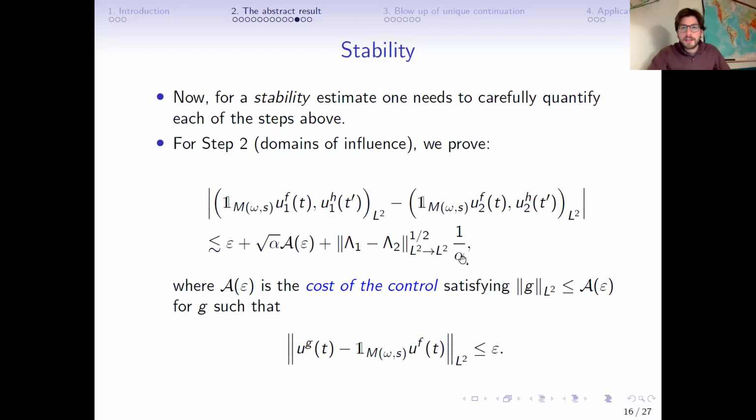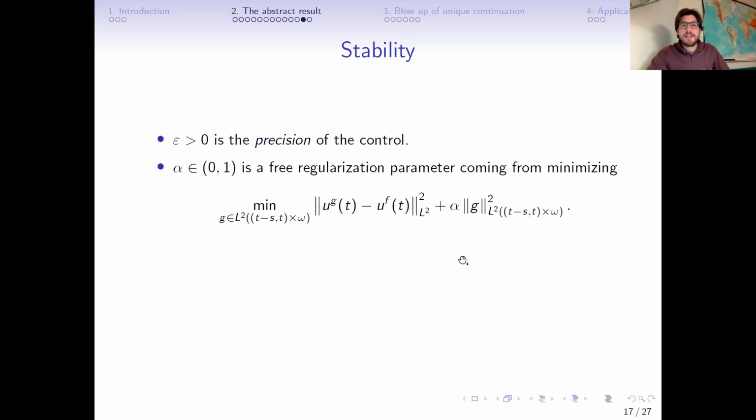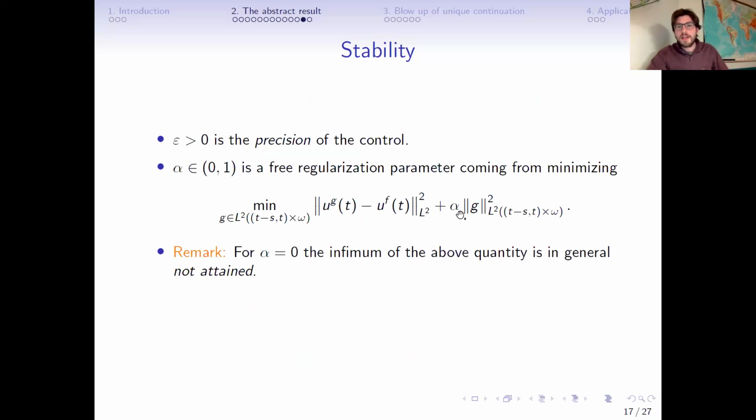And what is alpha here? Alpha is, as I said, this key identity comes from the fact that you use an infimum. We talked about the infimum of this quantity, for which we use approximate controllability.